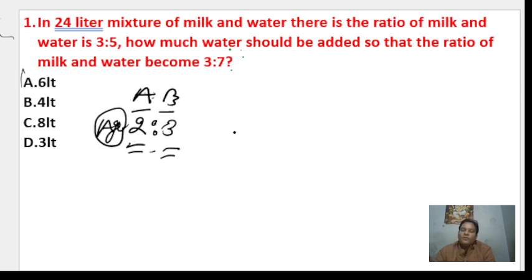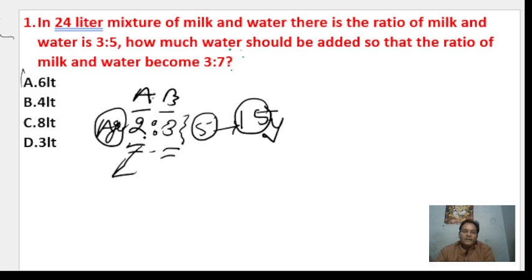If more information is given, like the total age of A and B is 15 years, then find the age of A. We can apply it like this: the value of 5 units is equal to 15 years.